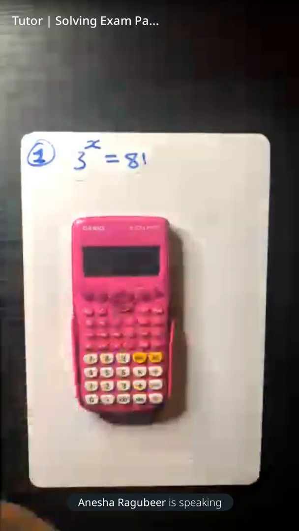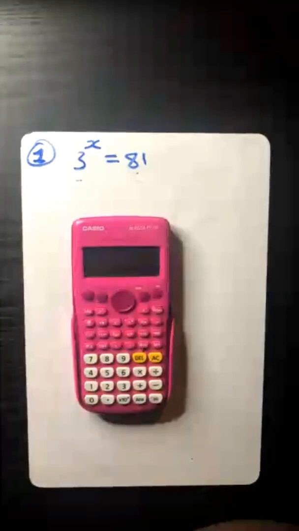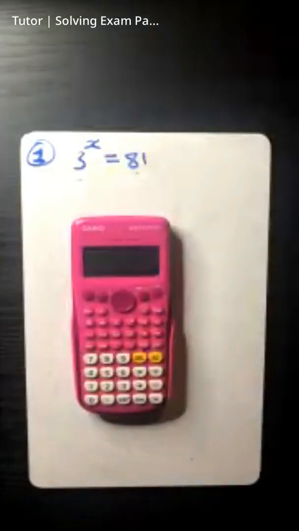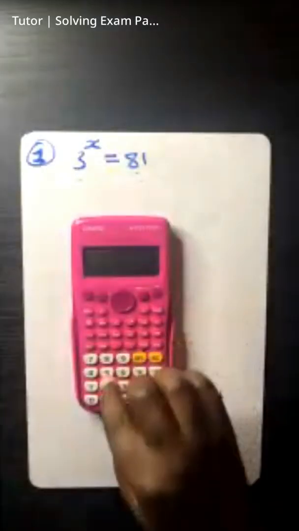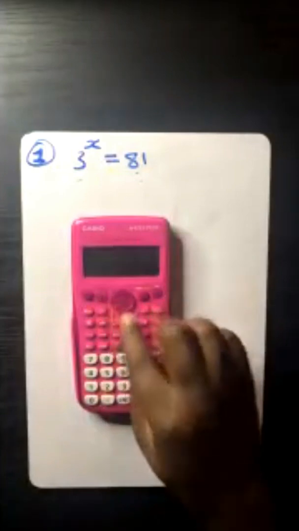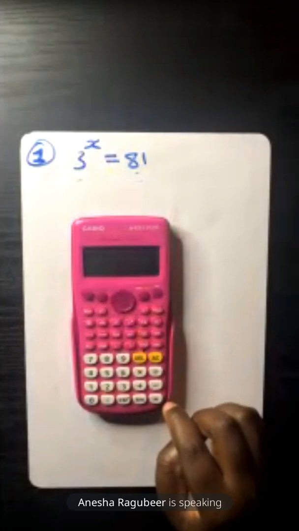Sorry, sir. Yes, it's 27. So how can we write 81 in exponential form? I'm not really sure on this one, sir. Okay, I do know that 3 to the exponent 4 gives me 81.